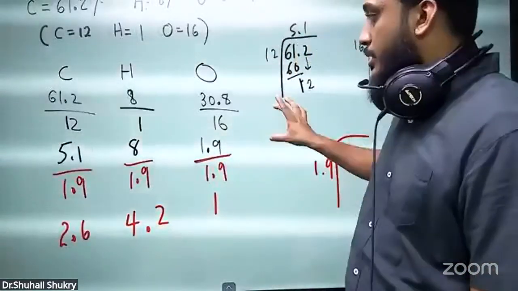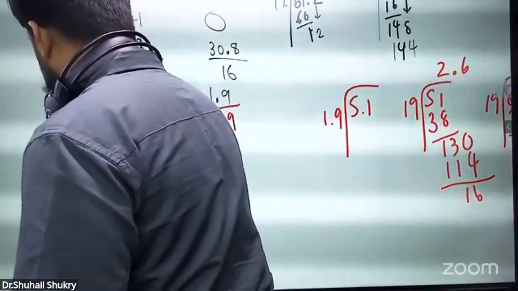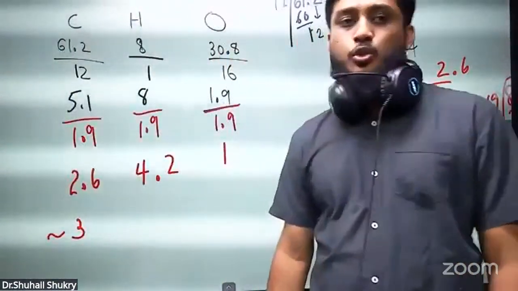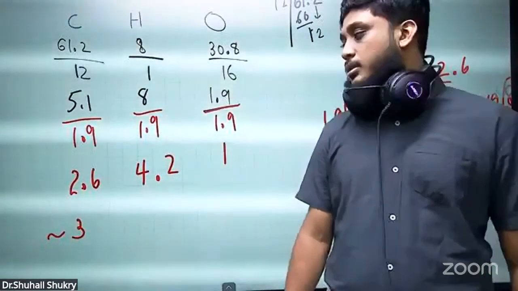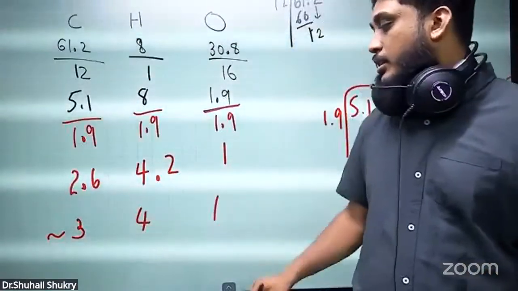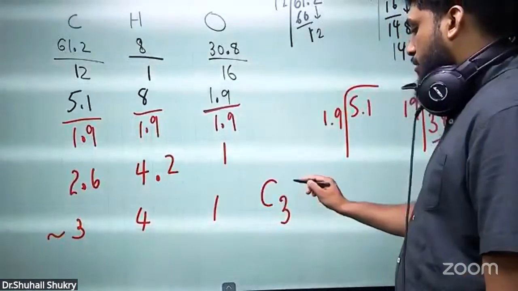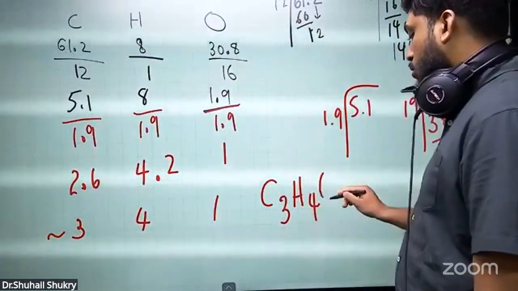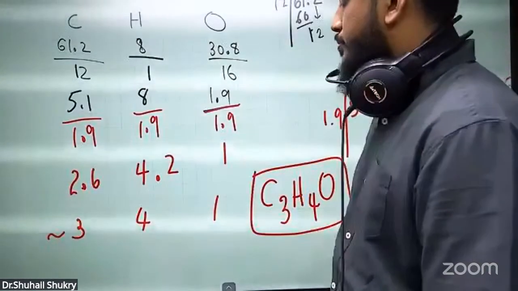Carbon 2.6 is nearly 3, so we have to take 3. 4.2, the nearest is 4. This one is 1. Then the final empirical formula of this is C3H4O.